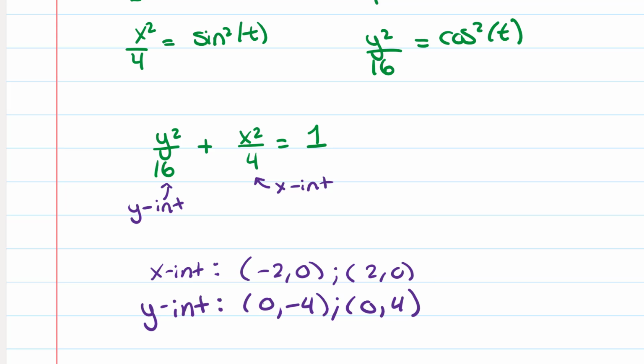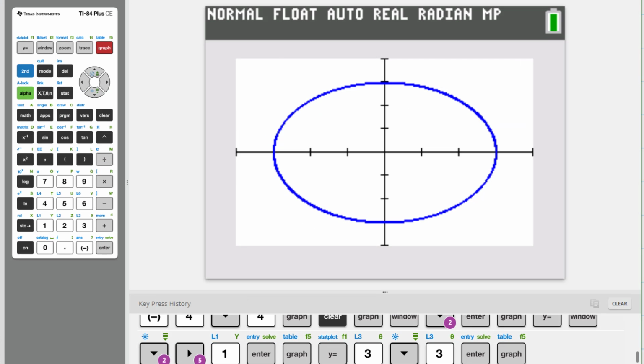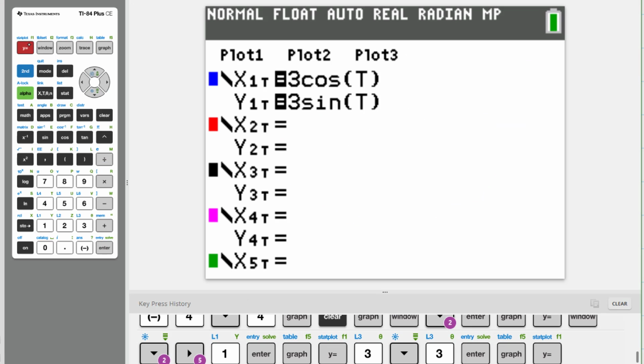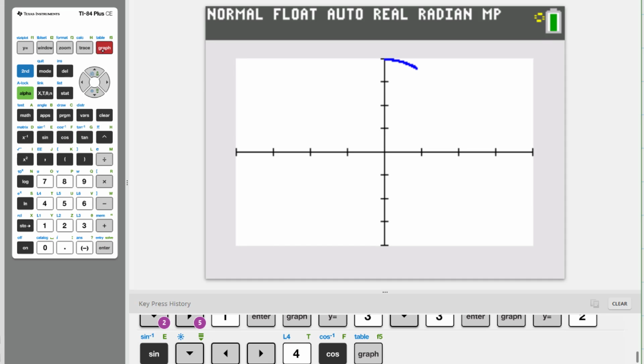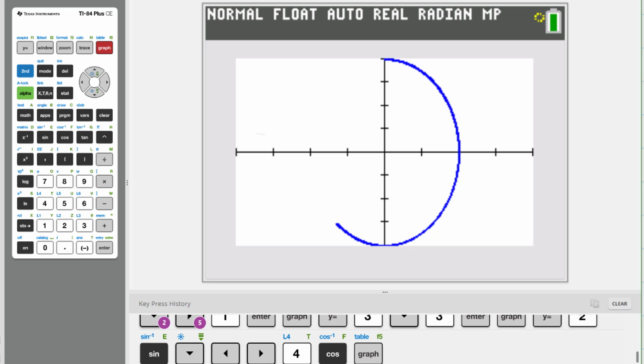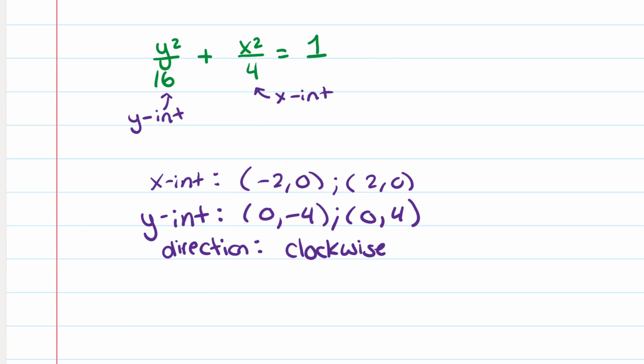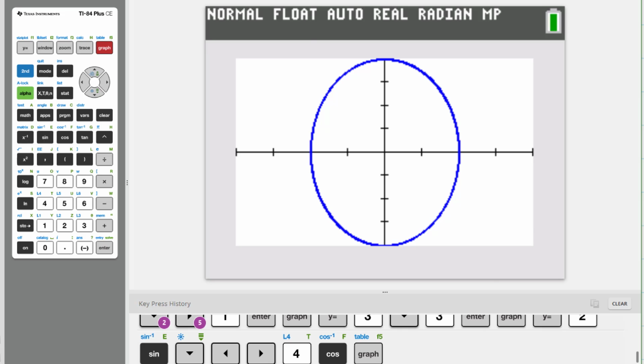And then what we want to do is graph this on our calculators. So my x equation is 2 sine of t, and my y1 equation is going to be 4 cosine of t. And I go ahead and hit graph. And if you notice, this thing rotates clockwise, not counterclockwise. And then if I go back to look, the center is at 0, 0.